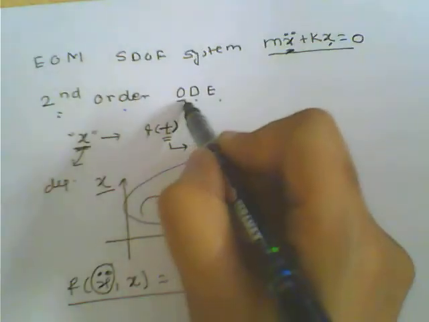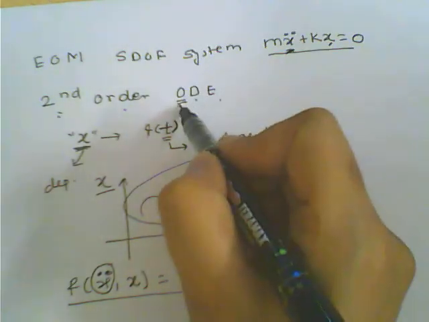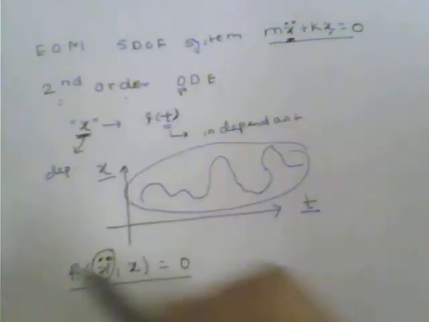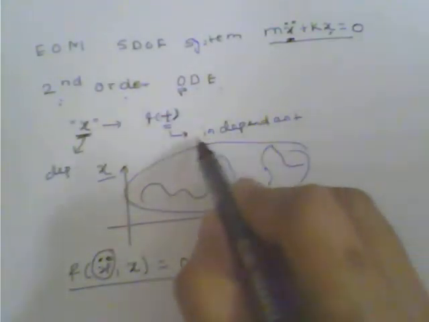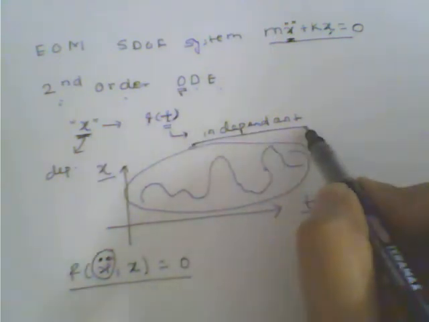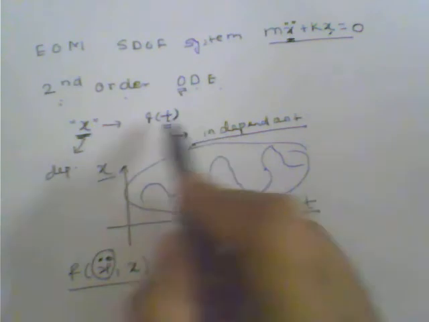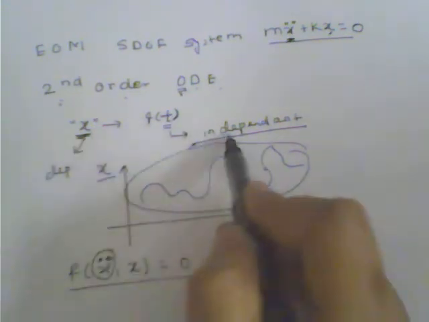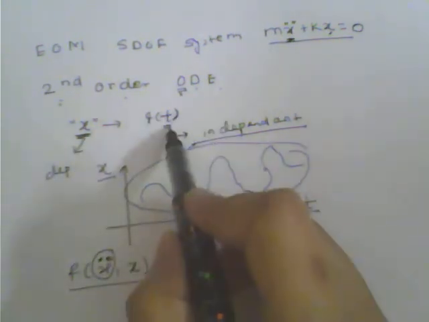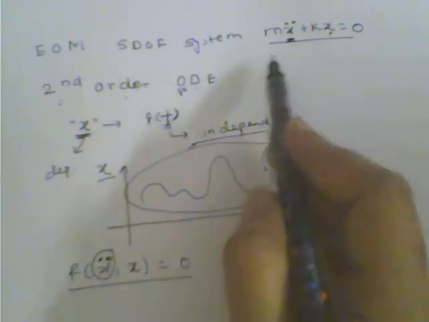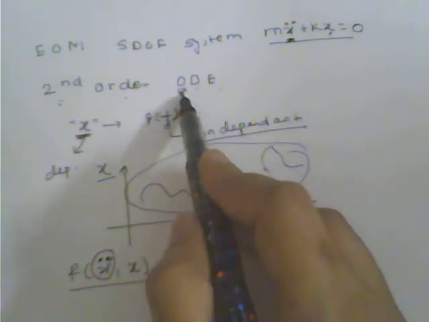Now there is one more word over here, which is ordinary. O stands for ordinary. The word ordinary refers to how many independent variables there are. This unknown, x, depends on only one variable. So when you have only one independent variable, that differential equation is called an ordinary differential equation.